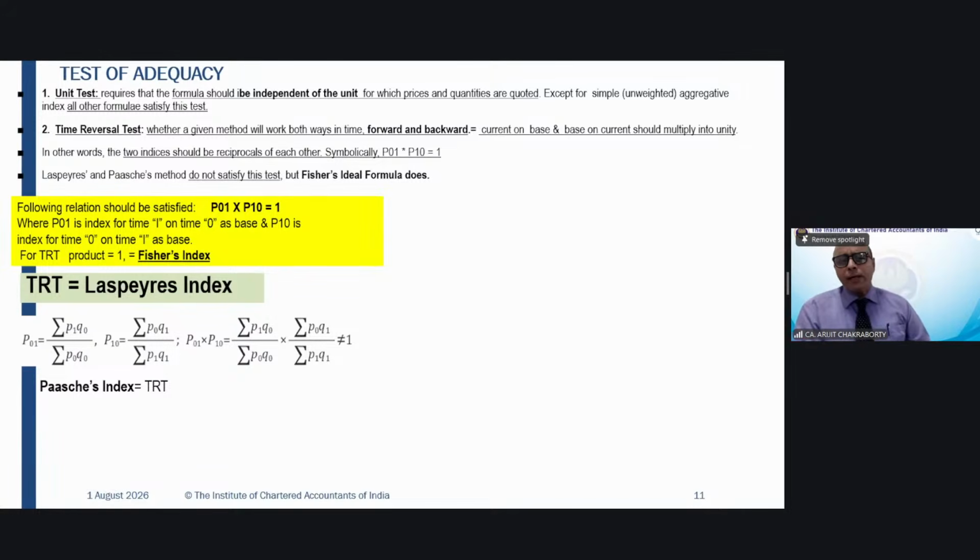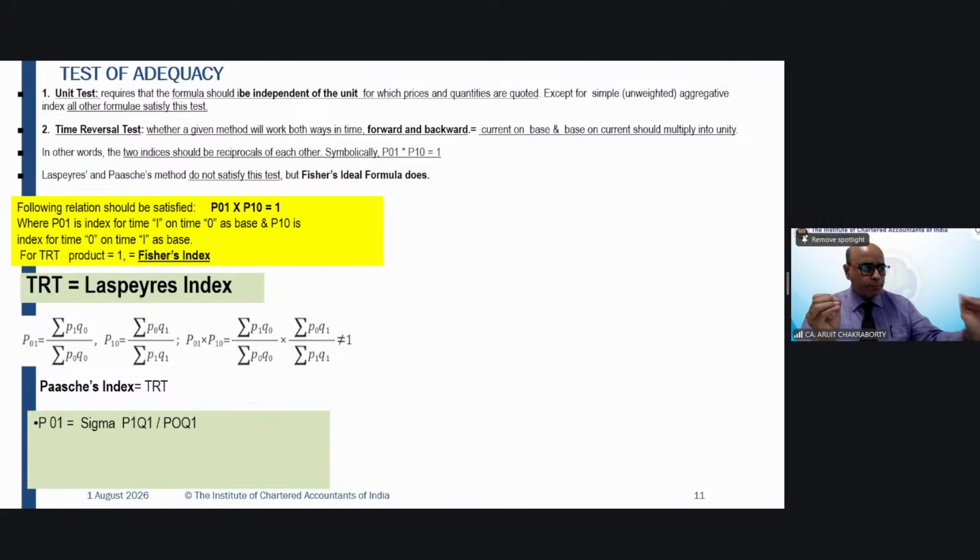एक नजर डालेंगे Paasche's जो index number है, if you compute, you will find P01 sigma P1Q1 by sigma P0Q1, because in Paasche's index we are using current year quantity as the weights.